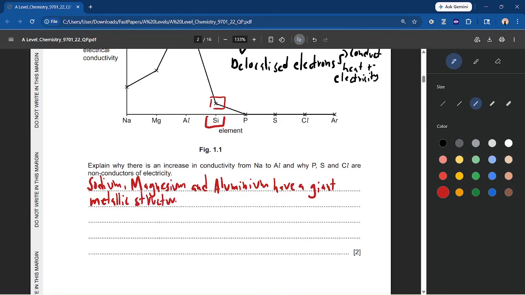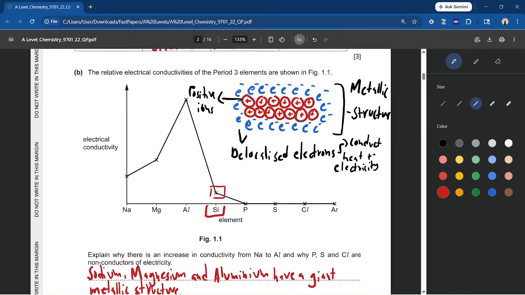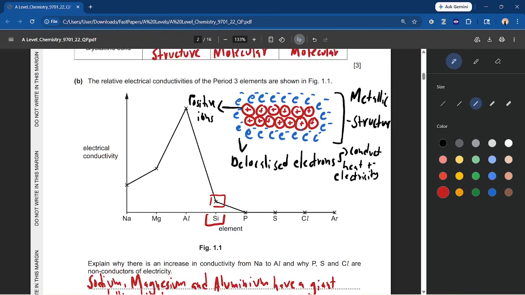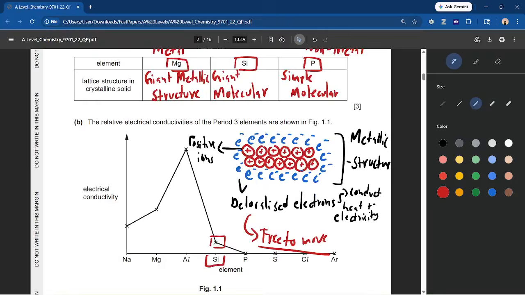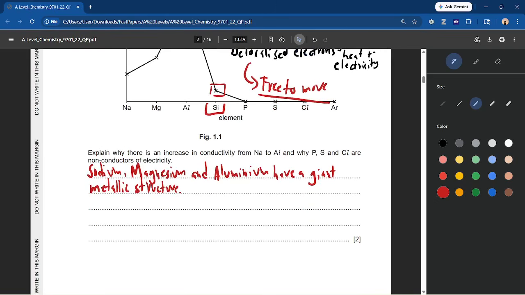So because they have a giant metallic structure, and I went through this previously, the structure sort of looks like this, right? Where you've got delocalized electrons that are able to conduct both heat and electricity because these are free to move. So you see, by being able to relate this first question, the giant metallic structure, we're able to answer the second question over here.